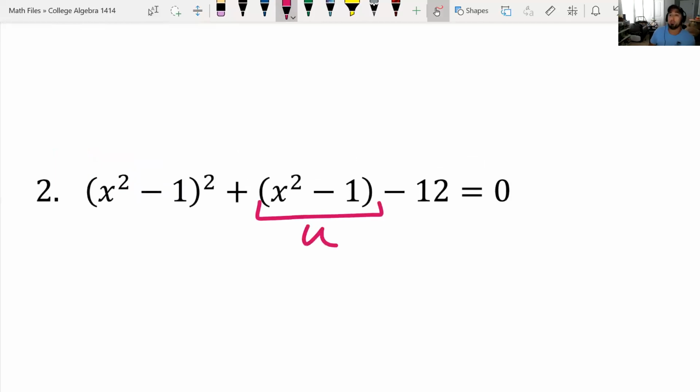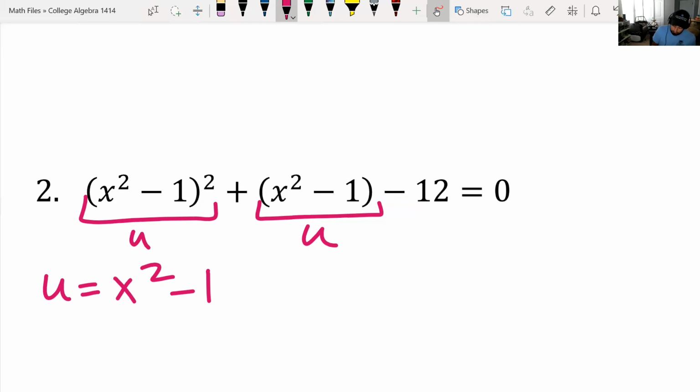there's our middle term. We're going to call it U, right? U equals x squared minus 1. And then we need to make a substitution for the leading term. So might as well be U squared. And double check.